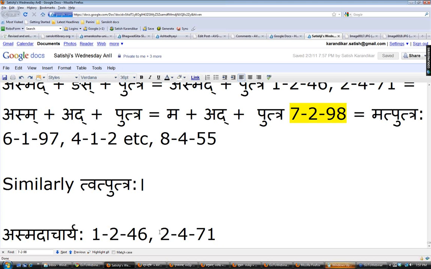Now, the problem comes when you have a pratipadikam which is the same as some subantam form. The pratipadikam and subantam, yadi ekarupam bhavati, samanarupam bhavati chet, tarhi sandeha jayate.